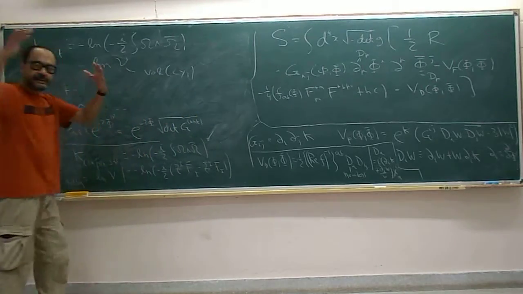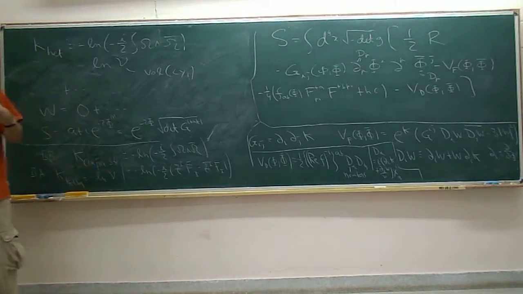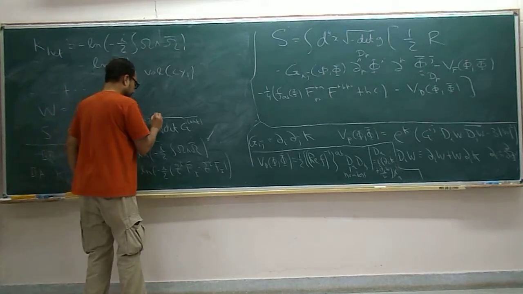So when you dimensionally reduce a string theory, you start with e to the minus 2 phi in front of the whole action. But then the square root of the determinant of G, that's the volume of the Calabi-Yau, also comes into play. So in fact it's this integral.